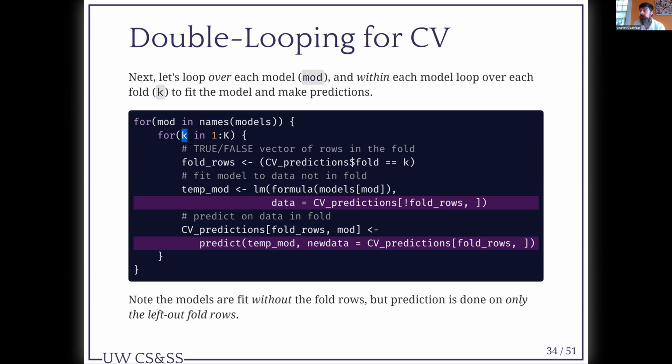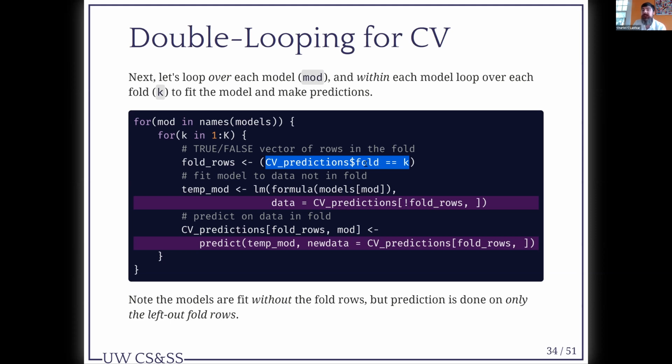What we're going to do is create an object called fold rows. Fold rows is going to be CV predictions fold equals k. So what is CV predictions fold equals k going to produce? Is anybody right? Well, I guess I've annotated this, so now we know. This is going to produce a whole bunch of trues and falses.